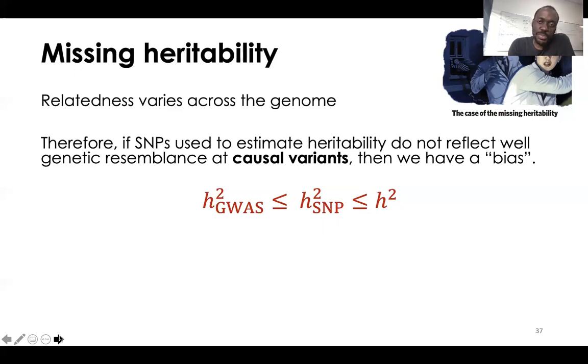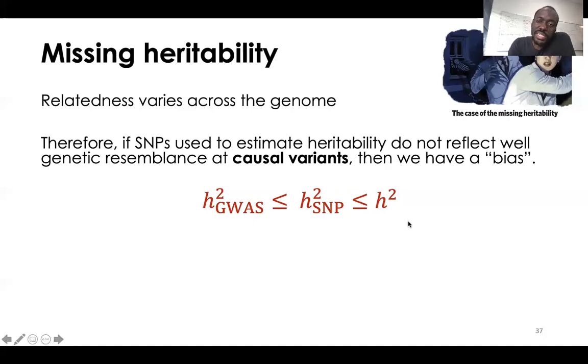This is what is expressed here in this inequality. H-square GWAS is the proportion of the variance explained by SNPs detected in the GWAS. The SNP heritability is an estimate that we can have irrespective of the significance of those variants in the GWAS: if we just take as many SNPs as we can and put them into a GRM, we get that estimate.